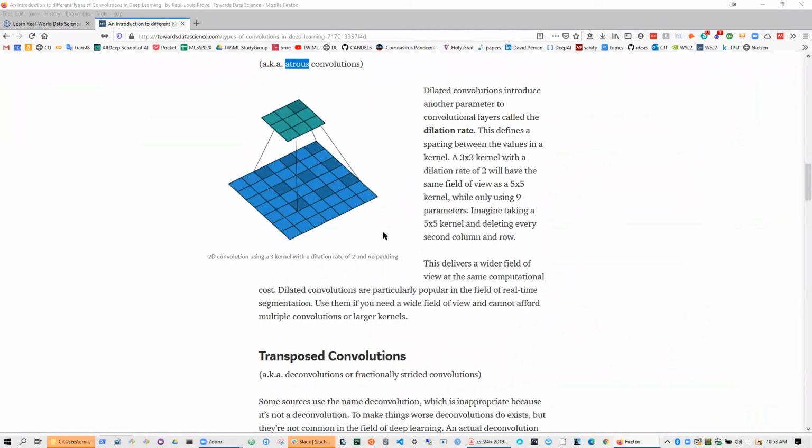You have this 5x5 convolution, but you're only keeping every second pixel, which is the 9 darkened pixels. So it's a way of getting the 5x5 receptive field with a lot less overhead. Instead of processing 25 pixels, you only have to process 9.